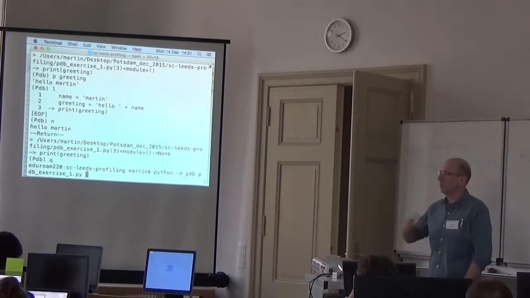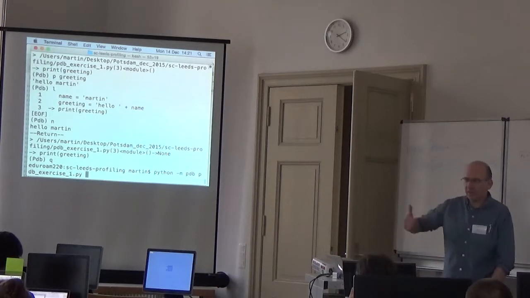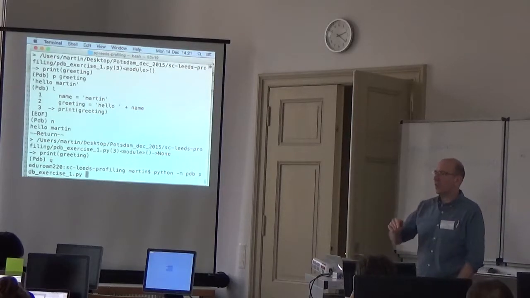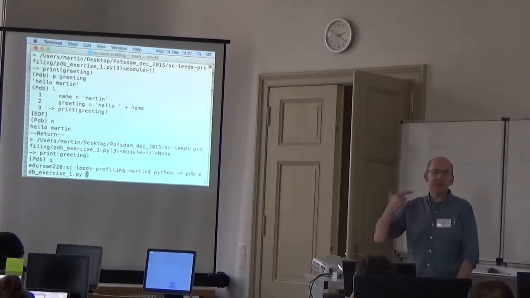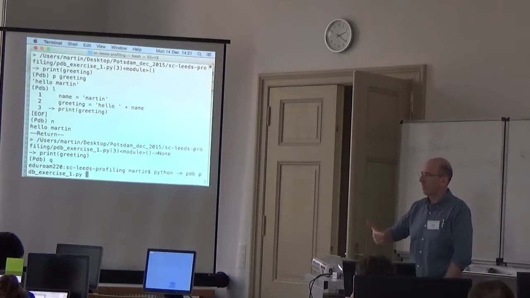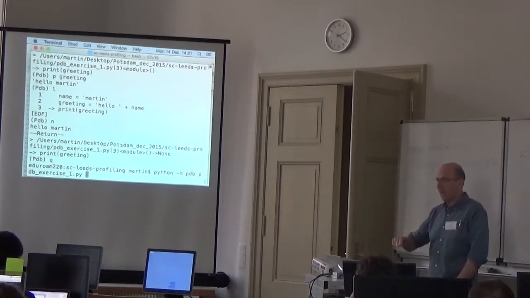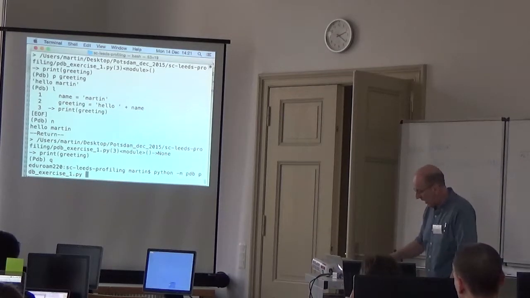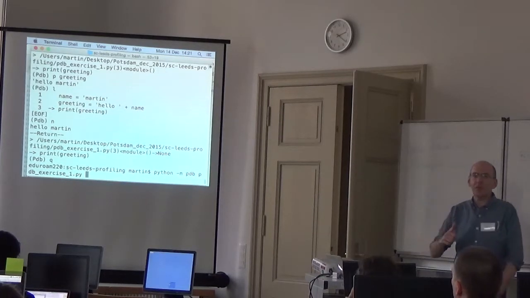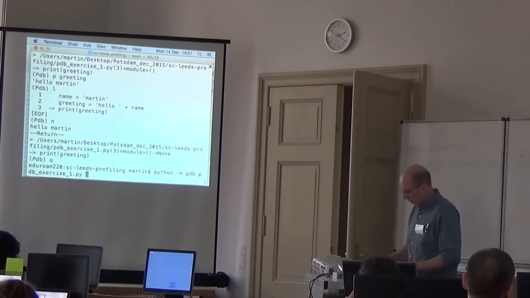That was N, line at a time. What did we use to show us where we were, or to list the program? That was L to list. And if you want to display the value of a variable, that is P to print. Quite straightforward.